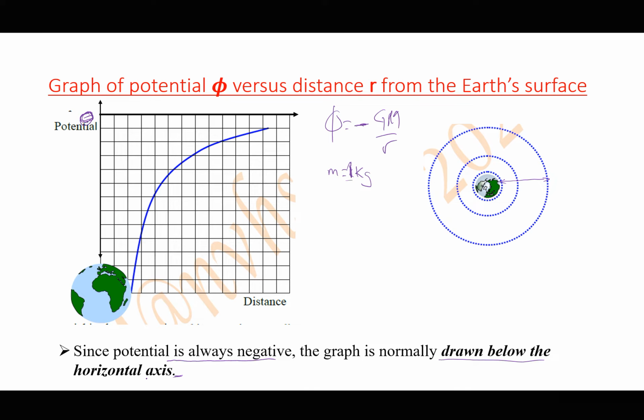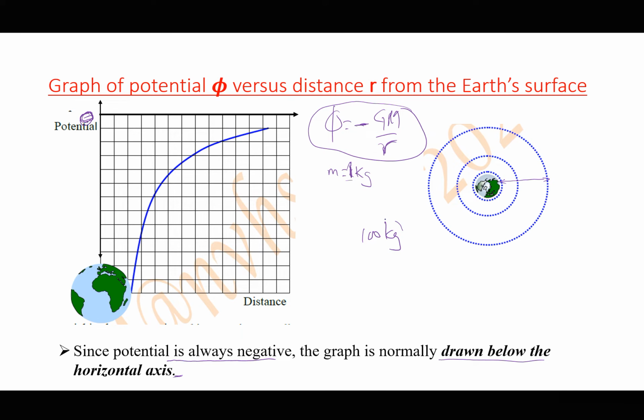So we have considered a unit test mass to define potential. The work done per unit mass in bringing a small test mass from infinity to a point in the gravitational field of another mass. Suppose now we don't take a unit test mass and we take the whole mass, say 100 kilograms. What will be the work done in moving 100 kilograms from infinity to a point in the gravitational field?